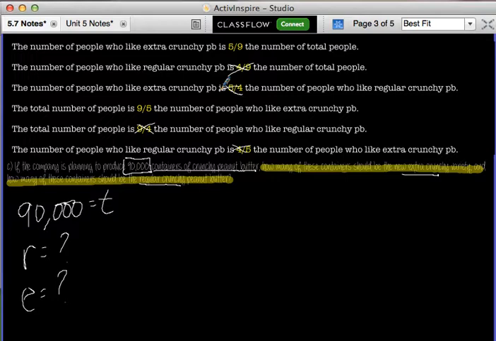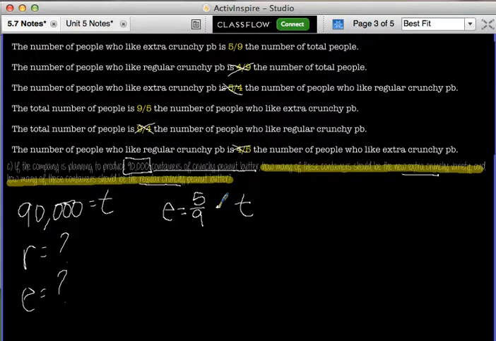So now you have to think of how you want to write your equation. You want to find E. So you want E is something when you have T. So again, when you're trying to find E, the extra crunchy, you know that the number of people who like extra crunchy is 5/9 of the total.